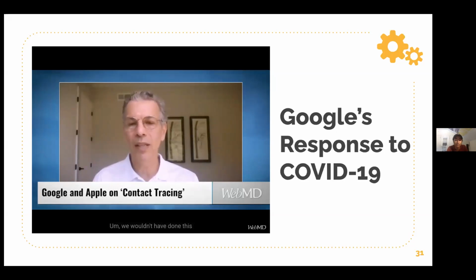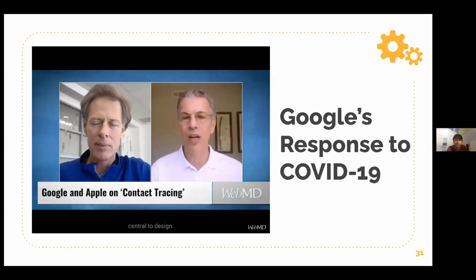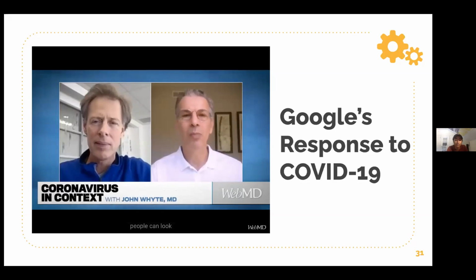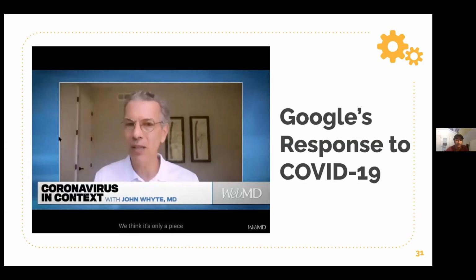We wouldn't have done this if we couldn't put privacy first and security central to design. And that's why it's opt-in, and why we're saying people can look at the technology, et cetera. But really what we're trying to do is create a digital way to do contact tracing so public health officials that are stretched have this at their fingertips. We think it's only a piece of the solution, right?